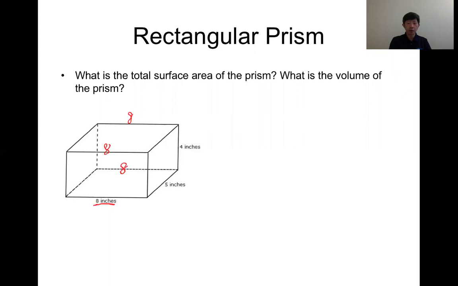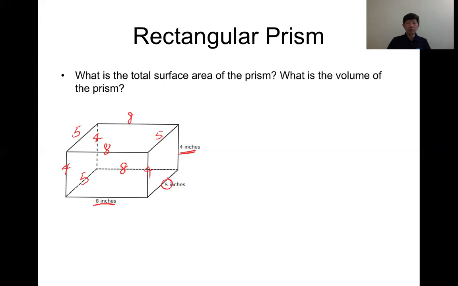And this is a 5, so 5 inch here. And this is a 5 as well. And then this is a 4, so we fill in 4 here, and we have 4 here, and we have 4 here. Okay, now that we've filled in the information, we can find it out.